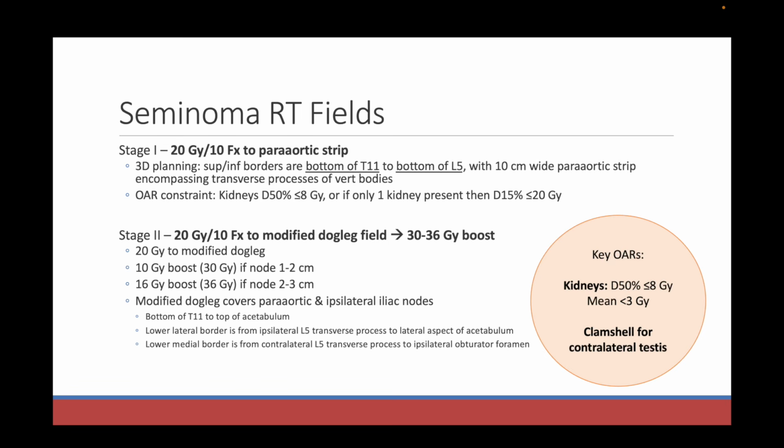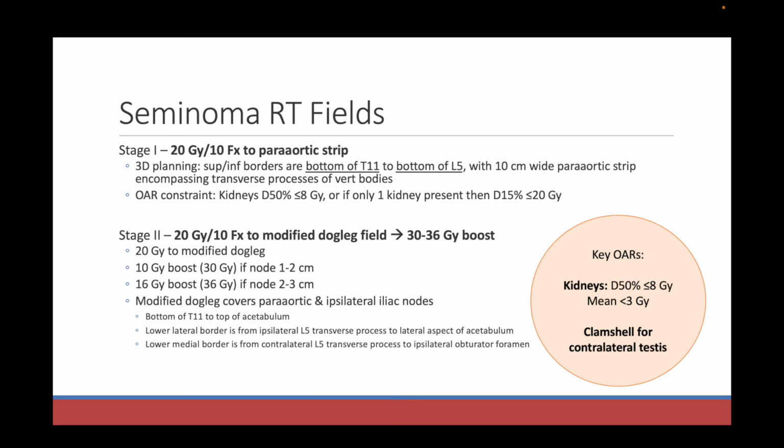If you're doing stage 2, then you're doing a dog leg field. And what does that mean? That means that you're covering the para-aortic strip, but also the ipsilateral iliac lymph nodes. So your field starts at the bottom of T11 and it goes down to the bottom of L5. But then starting at L5, you cover the ipsilateral dog leg field.